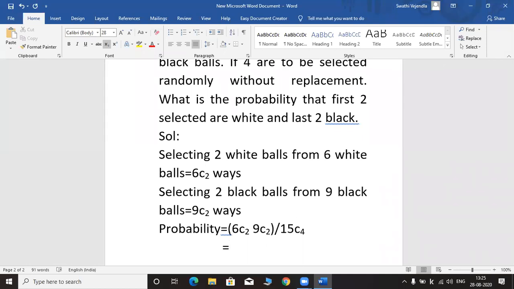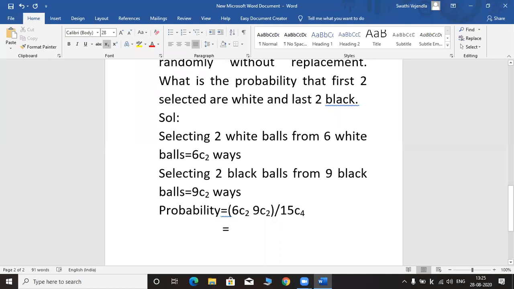What is the formula? Here I am writing the formula also. NCR is equal to n factorial by n minus r factorial into r factorial.